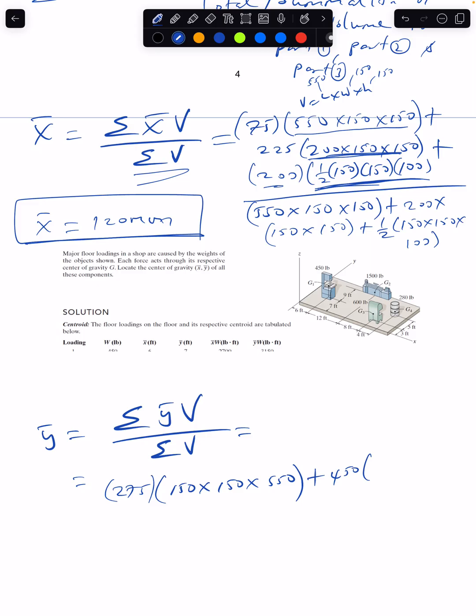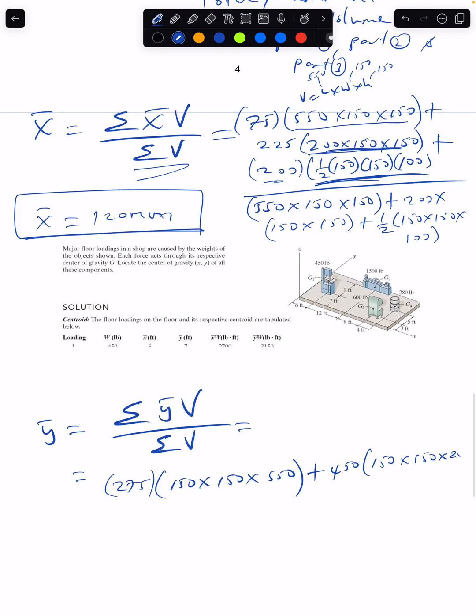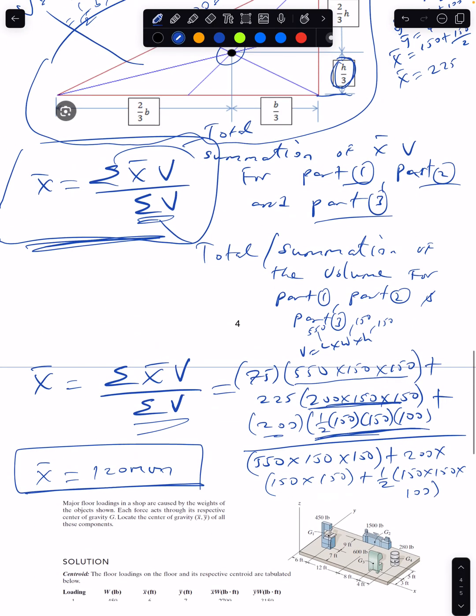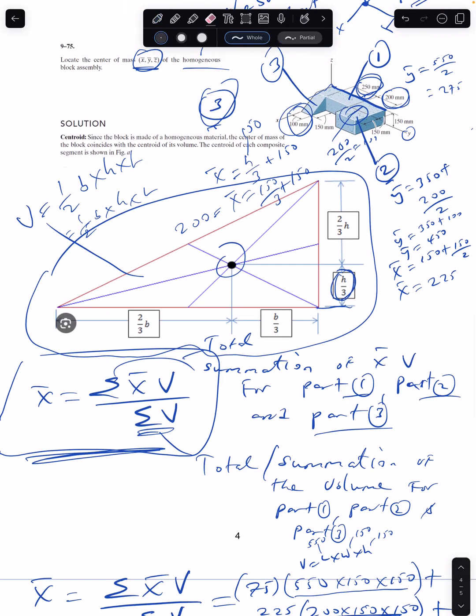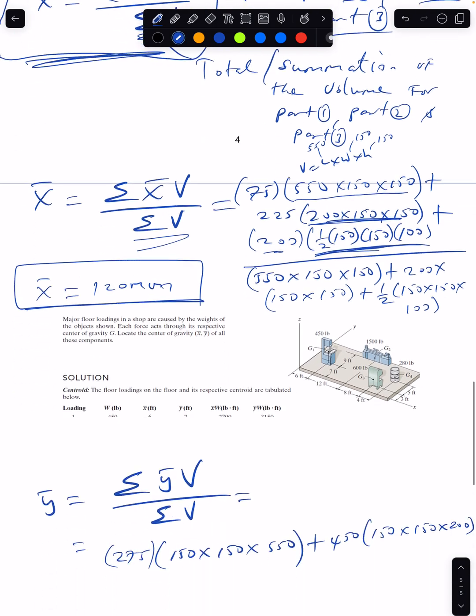And therefore, I'm going to have 150 times 150 times 200. Remember, we're talking about the volume for which piece? We're talking about the volume for part 3. So it is actually 200 times 150 times this thickness, which is 150. And therefore, that's what we have.